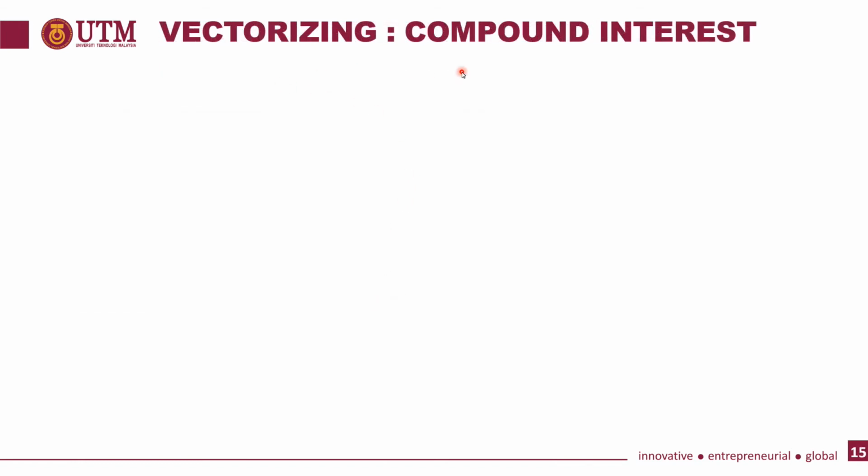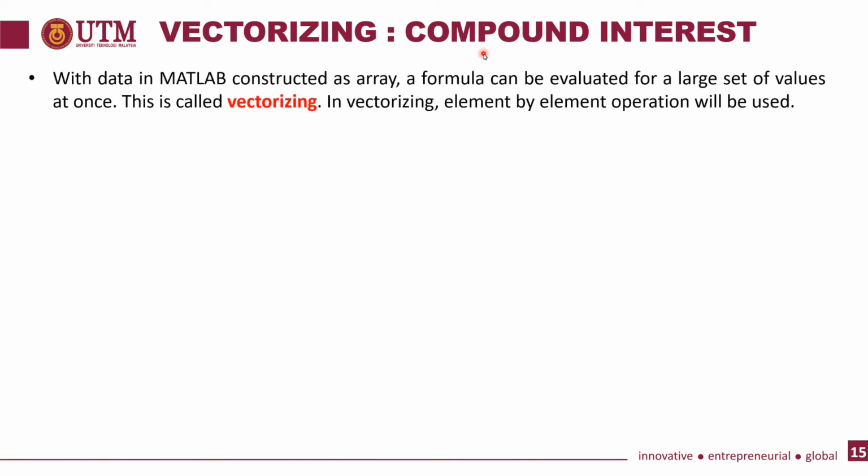Next is vectorizing. What is the definition of vectorizing, and how do we create vectorizing in this subject and chapter? With data in MATLAB constructed as arrays, a formula can be evaluated for a large set of values at once.